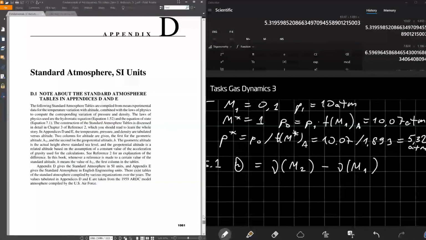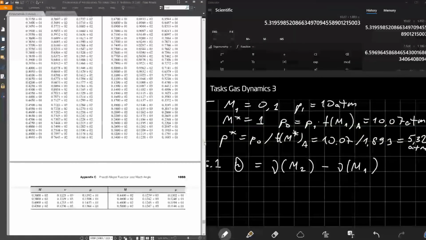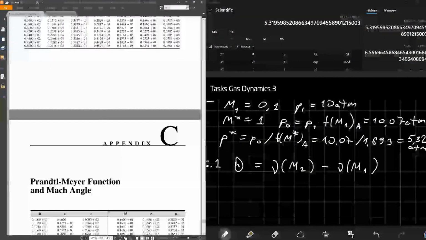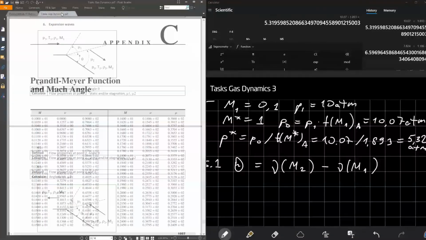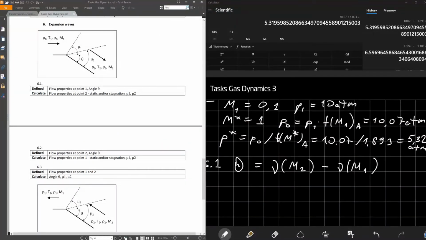So let's go to our appendix C. Here are the Prandtl-Meyer solutions which we use to solve any case of the Prandtl-Meyer flow. First of all, I will give you properties at point 1. Let's say Mach 1, some supersonic value, 1.2.